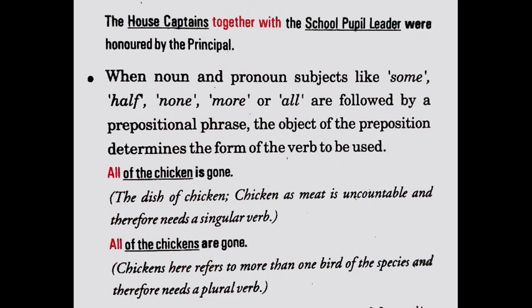But if subjects like some, half, none, more, all are being used, then the prepositional phrase determines the verb. For example, all of the chicken is gone. All of the chickens are gone. So in these cases, the prepositional phrase affects the verb.